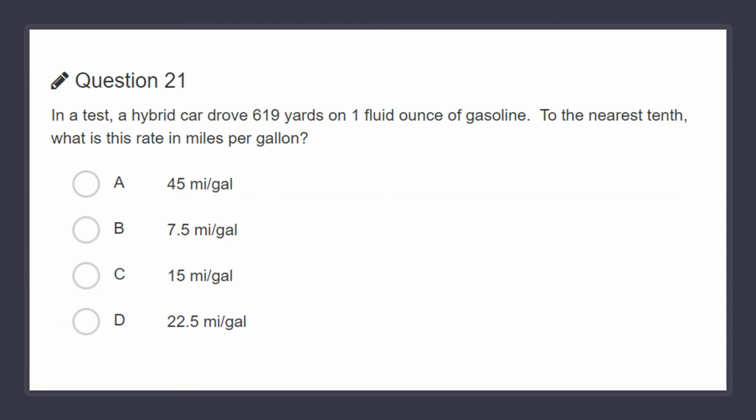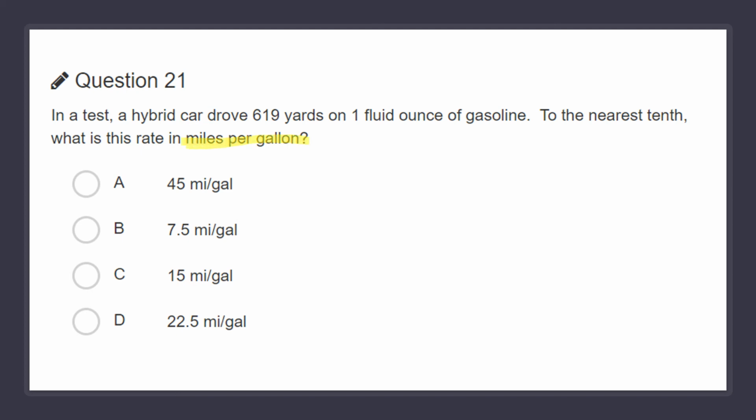All right, for question 21, it says, in a test, a hybrid car drove 619 yards on 1 fluid ounce of gasoline. To the nearest tenth, what is the rate in miles per gallon?